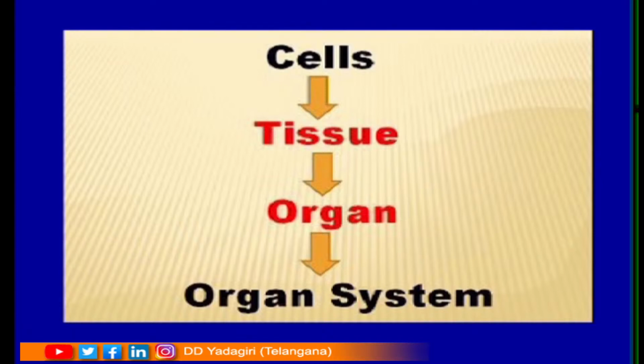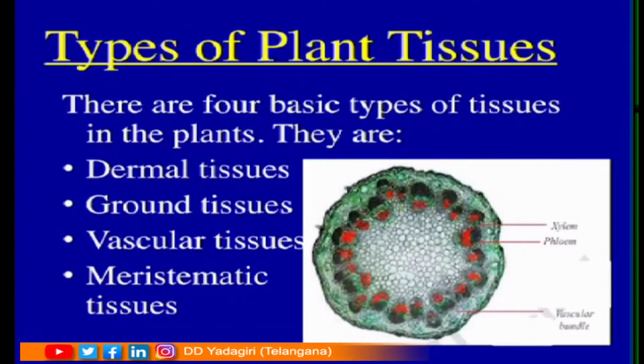So, with this we can say a plant consists of a number of organ systems and it has a number of tissues. Tissues are mainly classified into 4 types. They are dermal tissue, ground tissue, vascular tissue and meristematic tissue.